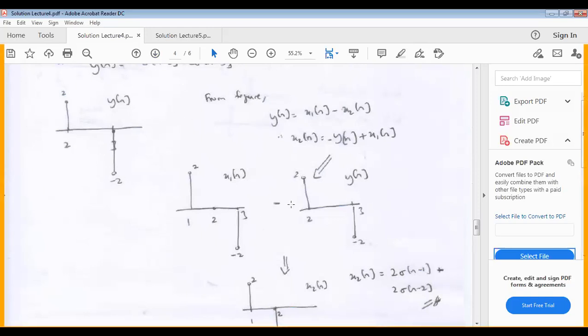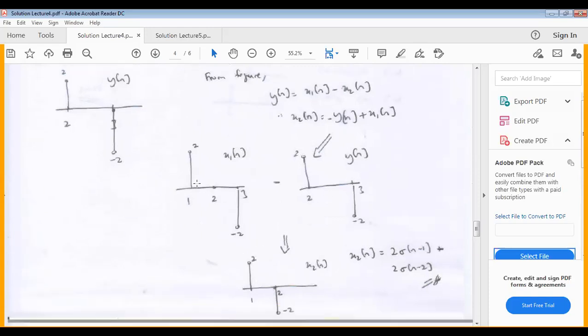When you subtract these two, we are going to have amplitude of 2 at n equals 1. At n equals 2, we have 0 minus 2, which is negative 2. And at n equals 3, we have negative 2 minus negative 2, so it will be 0.